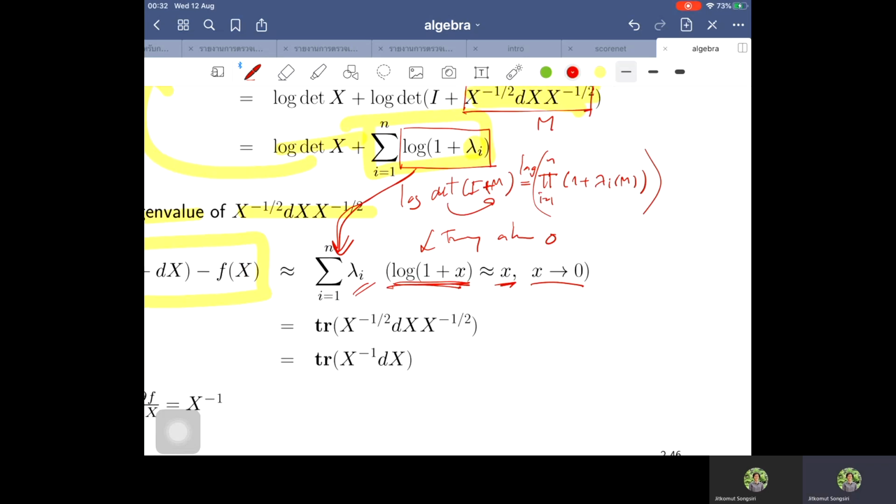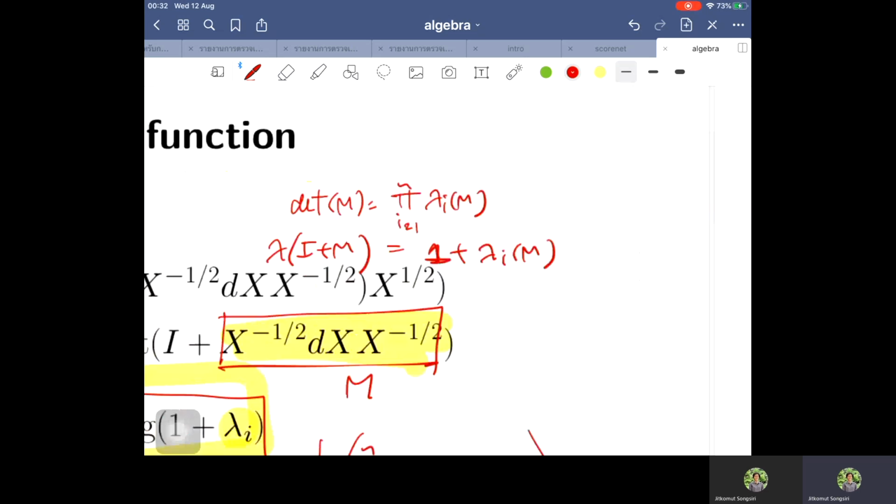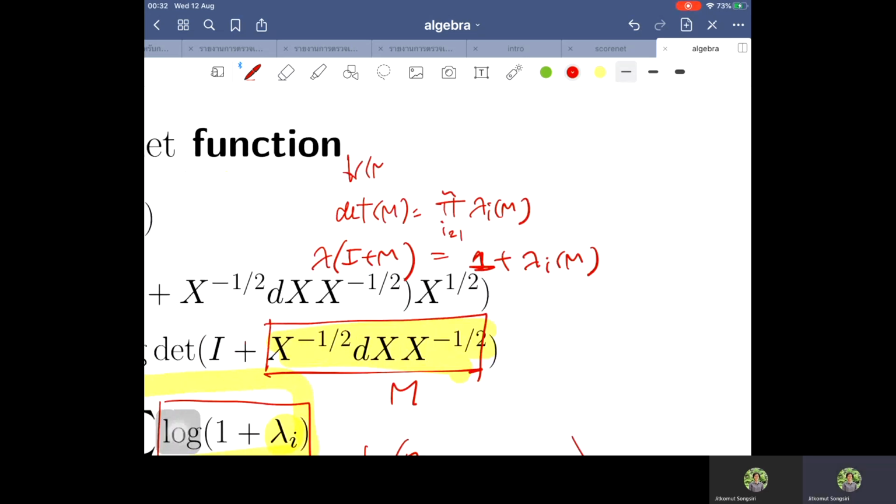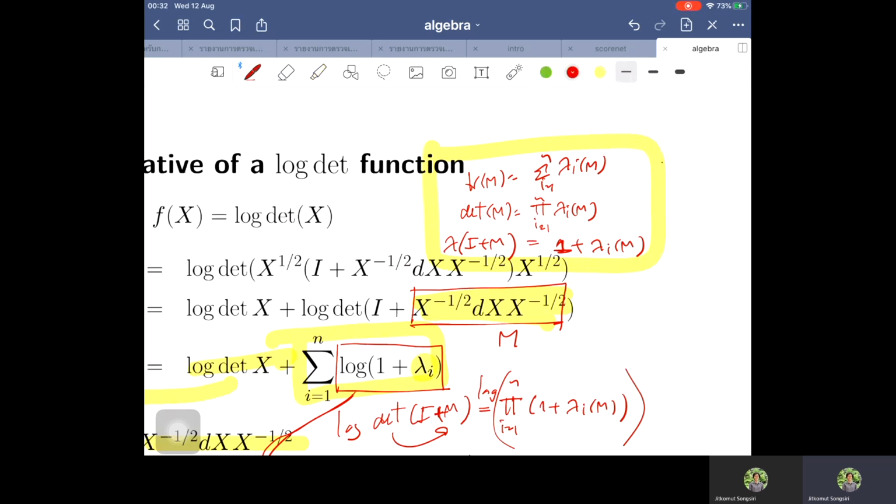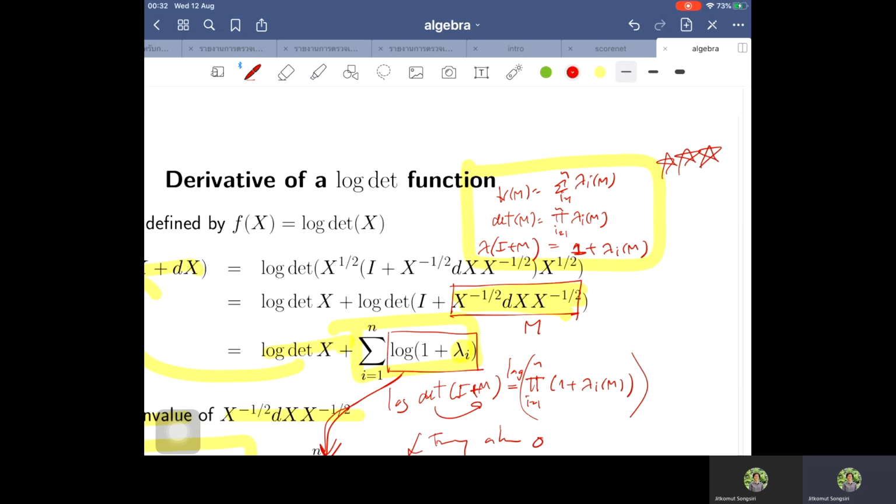Now, another fact is that the trace of M is the summation of the eigenvalues. All of the properties here are basic properties of eigenvalues from when we learn linear algebra, so if you forget, please review.